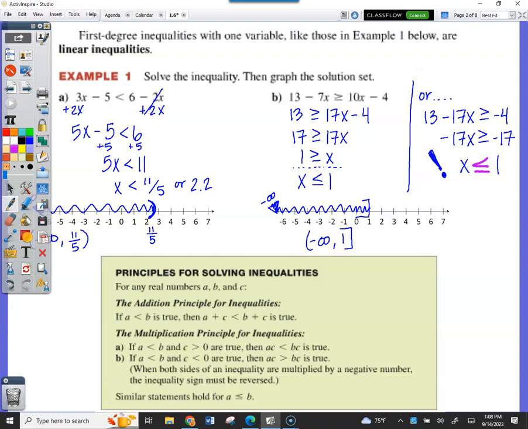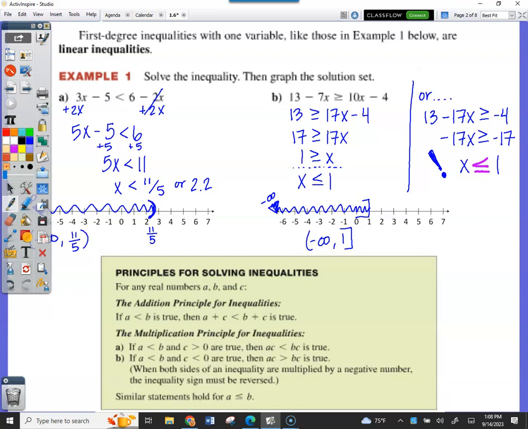Let's say I gave you a really complicated one and you're worried that you got it wrong. What could you do? Well, if I give you an equation and you solve it, what's your safety net for checking it? If it's just a regular equation, you just plug your answer in, right? Same concept applies here.